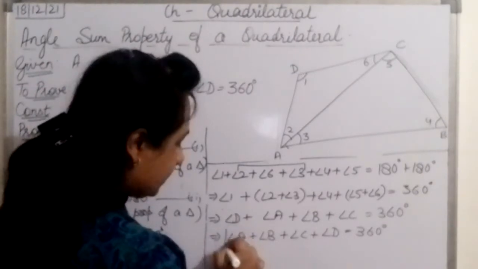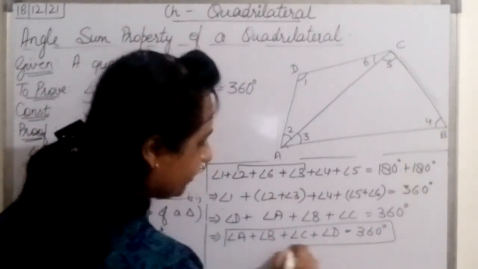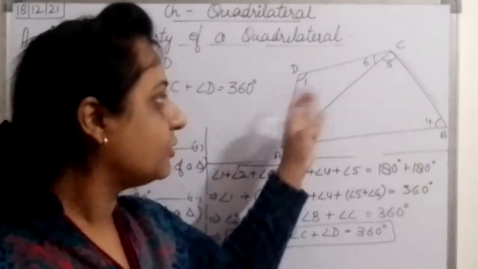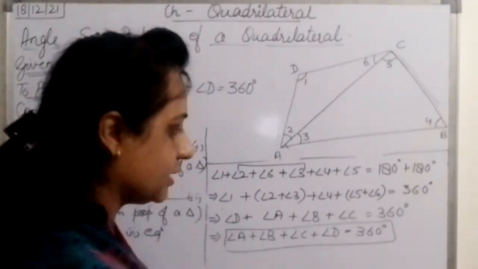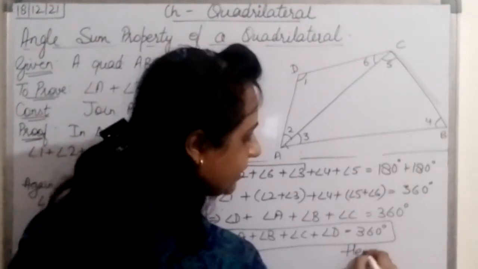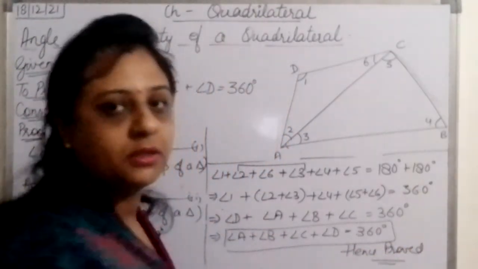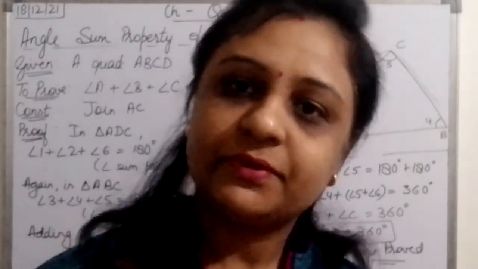Got it? This is the proof that the sum of all the four angles of a quadrilateral is equal to 360 degrees. In the last, I am writing hence proved. Thank you so much.